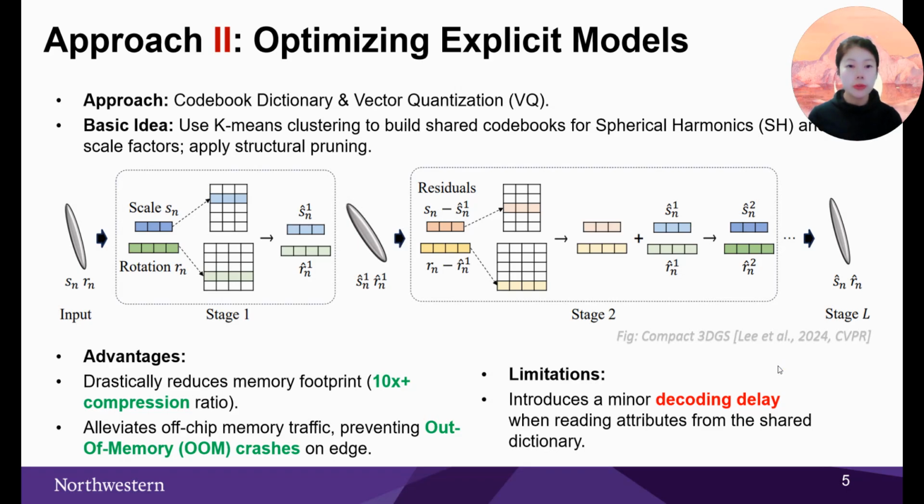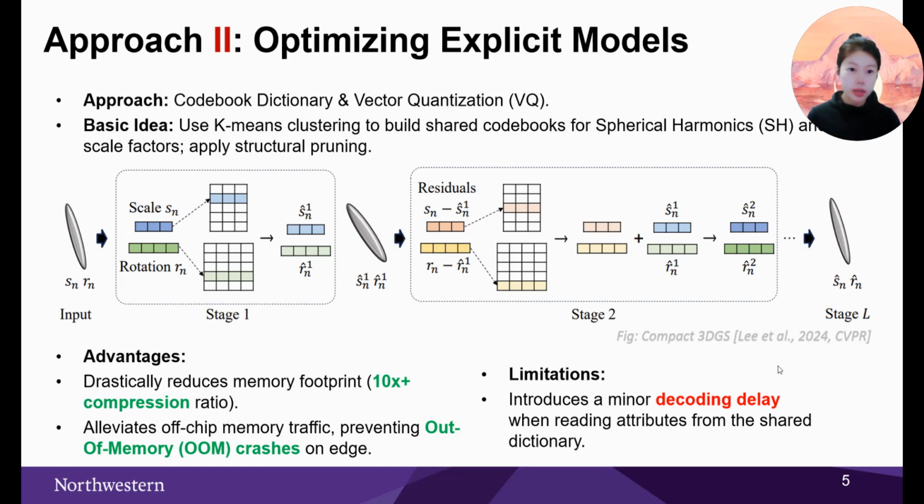Instead of storing full FP32 values for each Gaussian, the model stores a small index that references a shared dictionary. This dramatically reduces the model size. In fact, this method can achieve compression ratios greater than 10 times, which significantly lowers the memory footprint.